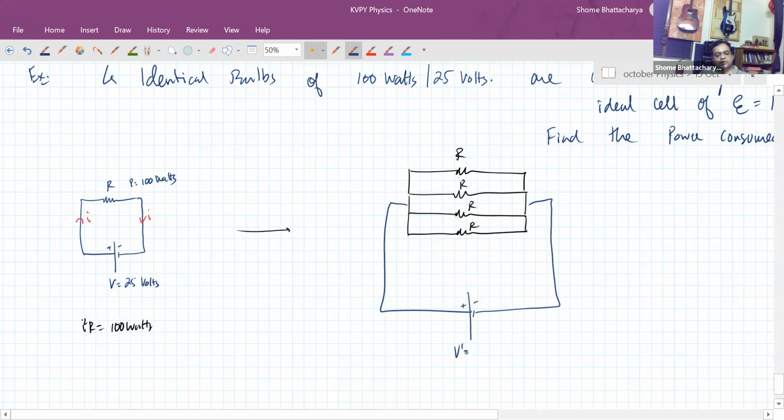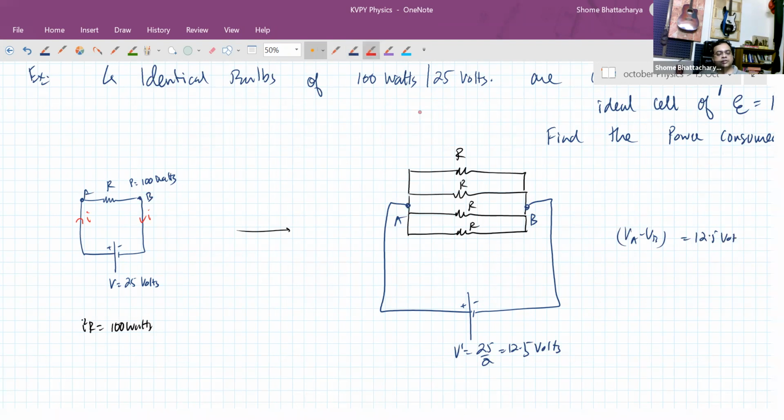It has a voltage of 25 by 2, or 12.5 volts. So across these 2 points, the potential difference was 25, but now it has become 12.5 volts.